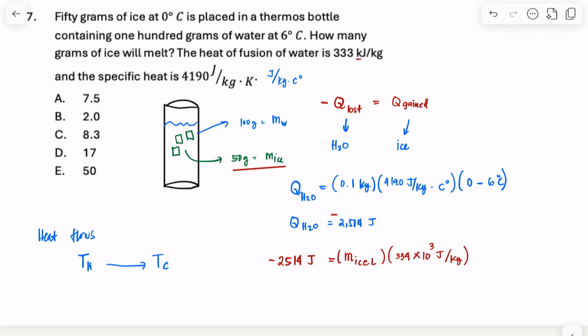So when you calculate this one, you will get to the conclusion that this amount of heat energy will result in the melting of this amount of ice, and you'll get 7.5 grams of ice that can be melted.